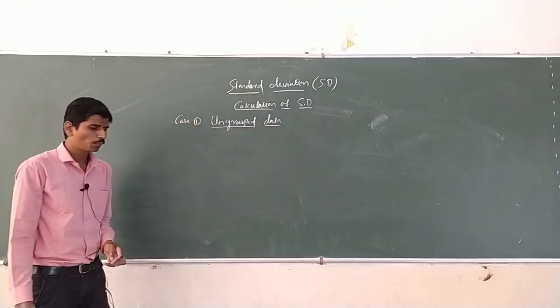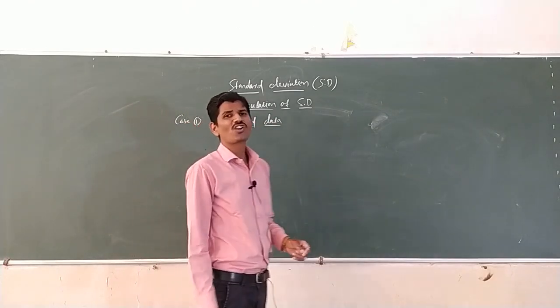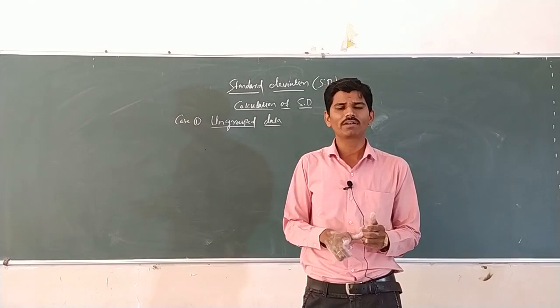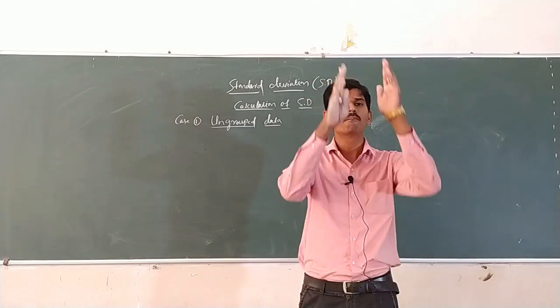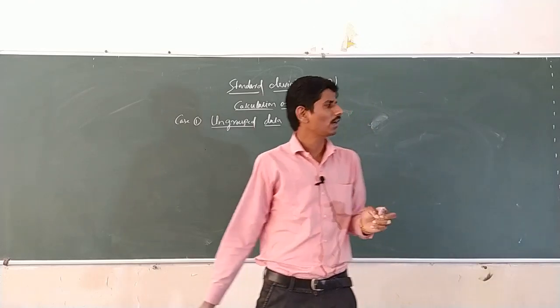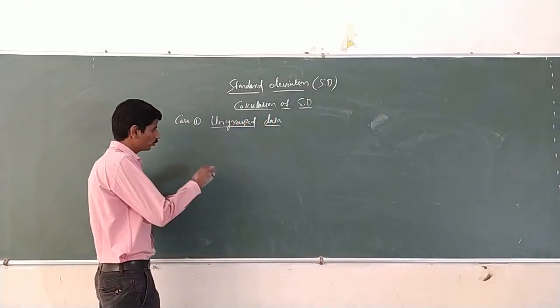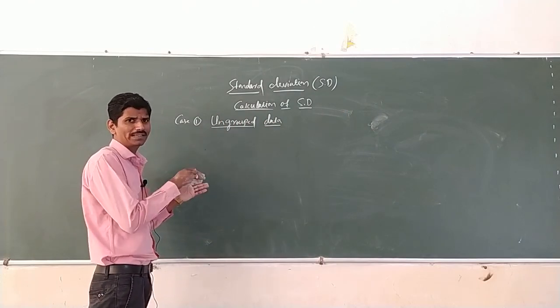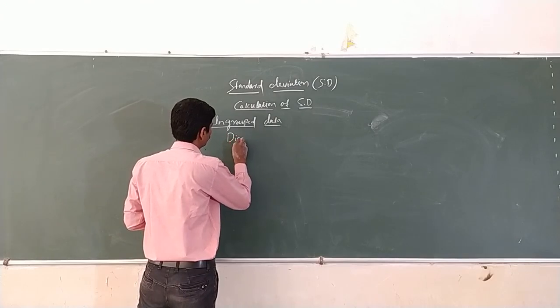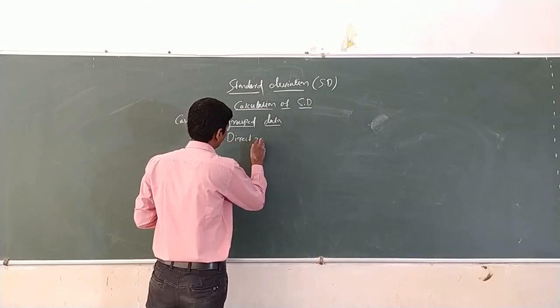Ungrouped data means the frequencies are not given; only the number of observations are given. In ungrouped data, there are two methods: a direct method and a deviation method.